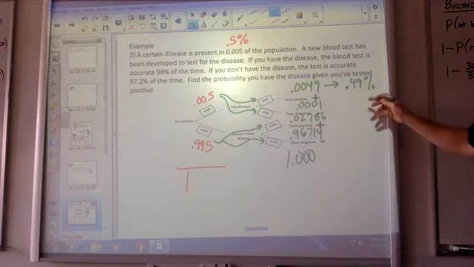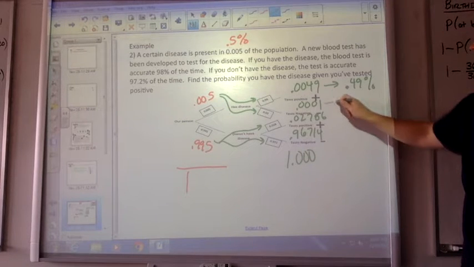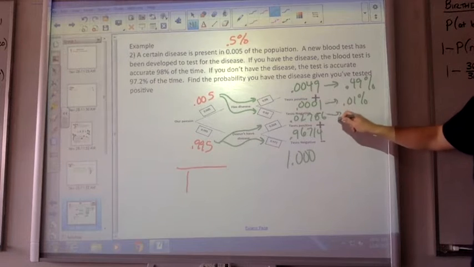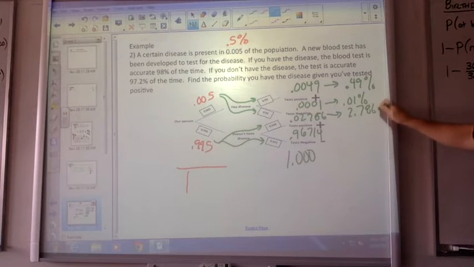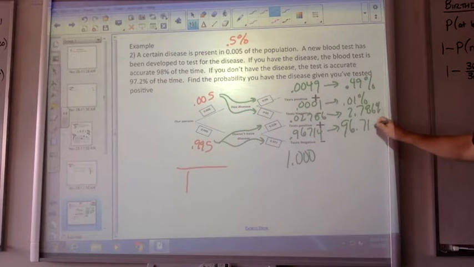And then if you were to convert all of these, this is 0.01% of the time. You're talking about small things. And then this is 2.786% of the time. This one is the big one. So this is 96.714% of the time. That's how all of this takes place. So that's just a tree diagram at its best.